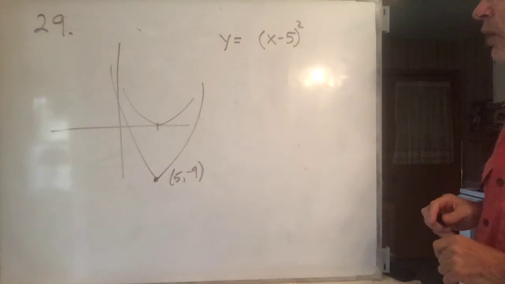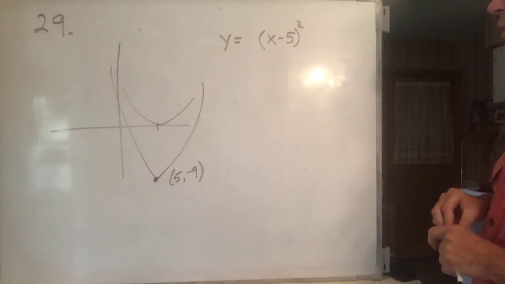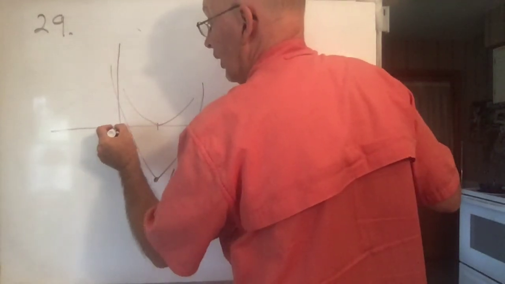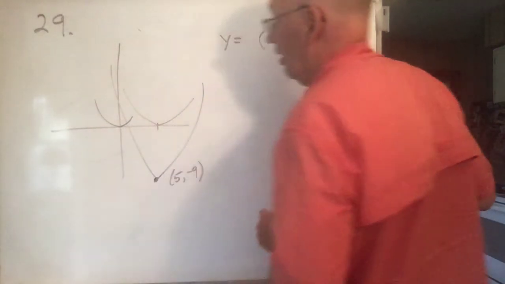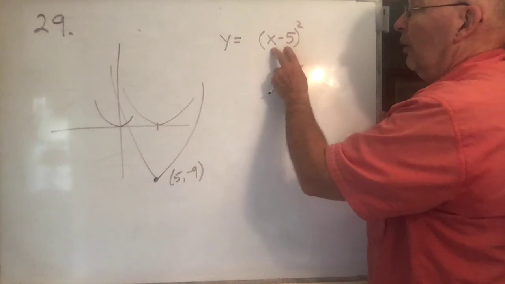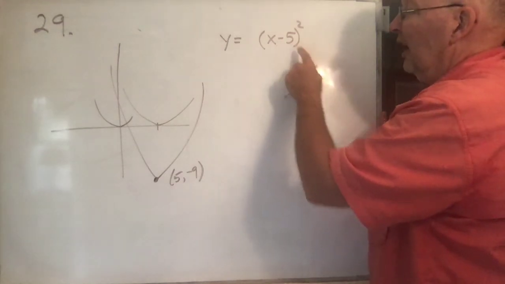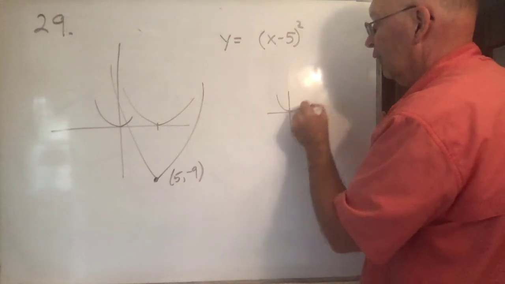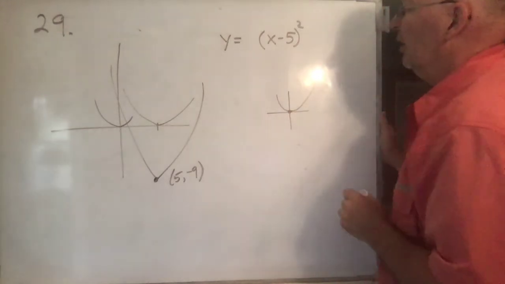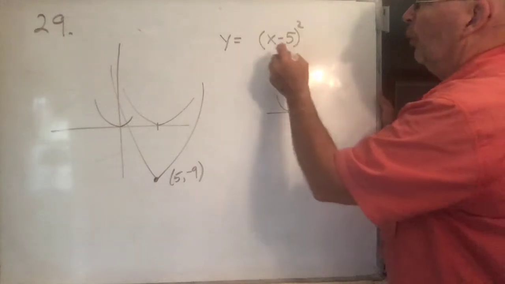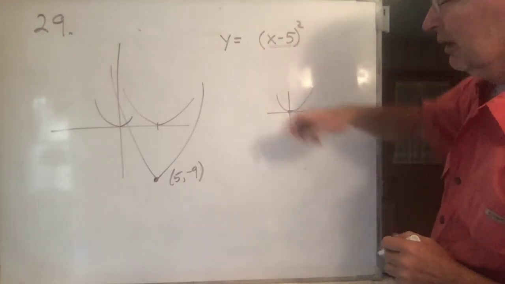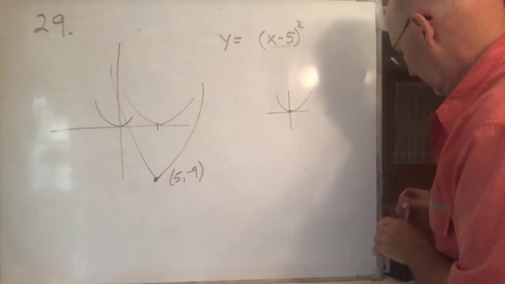X squared looks like this. When you go x minus 5, that basically says, okay, x squared has the vertex at 0. So now I ask the question, what do I have to stick in here so that I get a 0 squared?